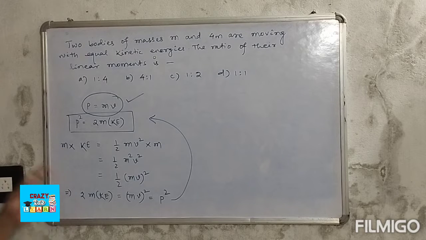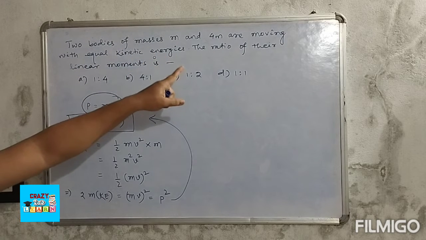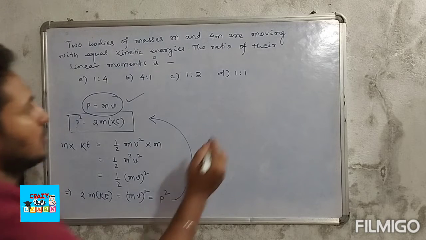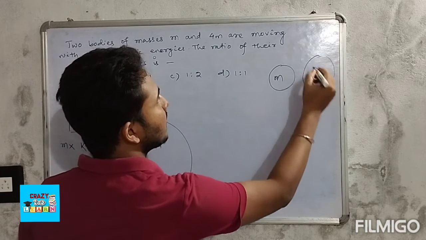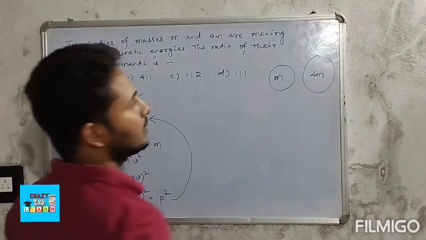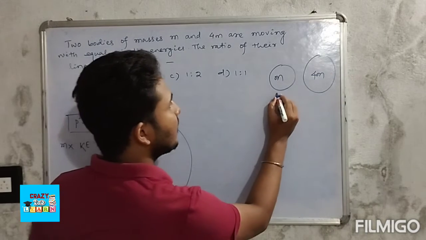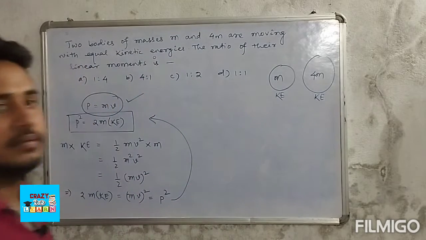All of you are clear? Now come to our topic, two bodies of masses m and 4m with equal kinetic energy. So one mass is m, another mass is 4m. Both have the same kinetic energy.